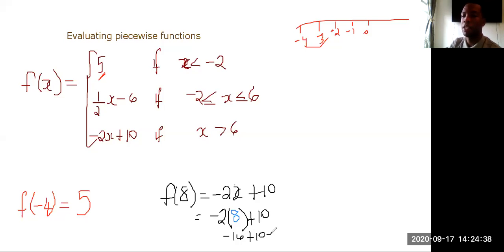And -16 plus 10 is -6. So that's how I get f of 8. So I could say f of 8 is equal to -6. Or I could say the y value when x is equal to 8 is -6.